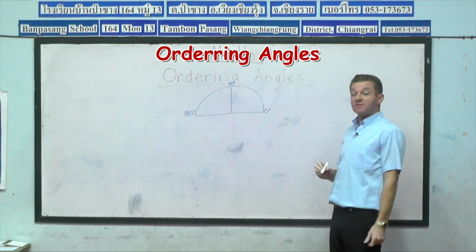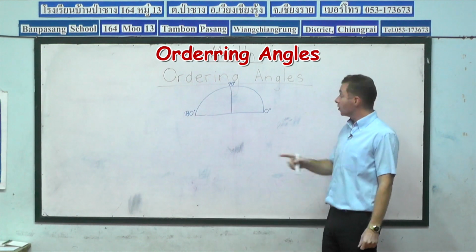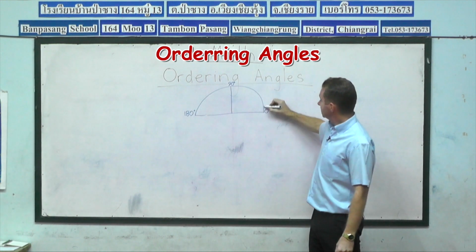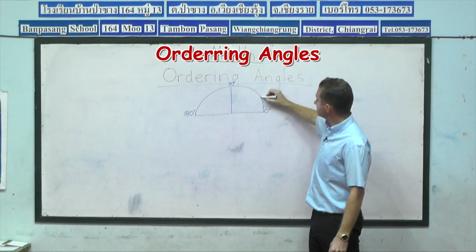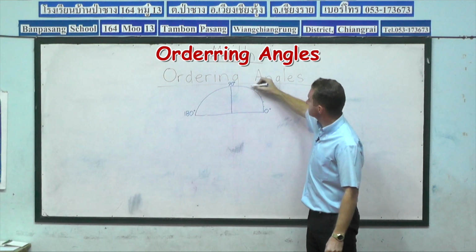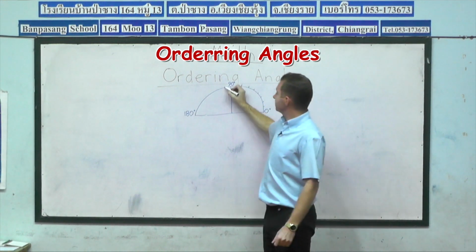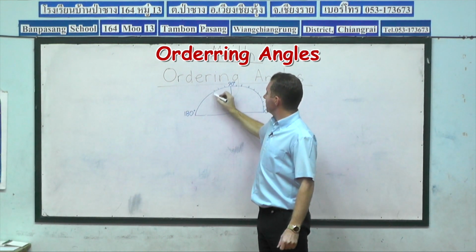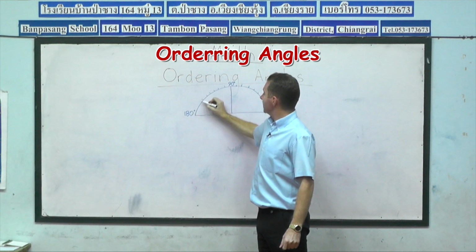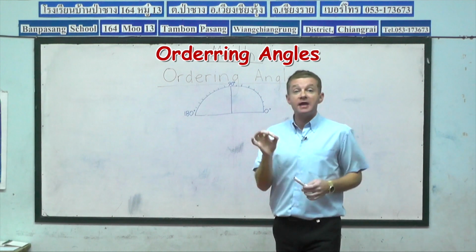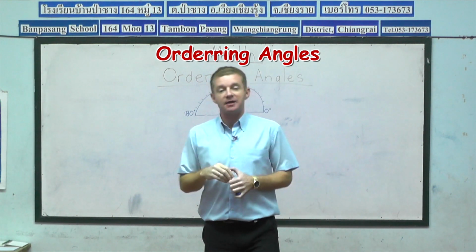So when we're looking to measure and put angles into order, we can use the protractor to see the size. And as we know, they go up in stages of 10 degrees. And then from 90 all the way round to 180.